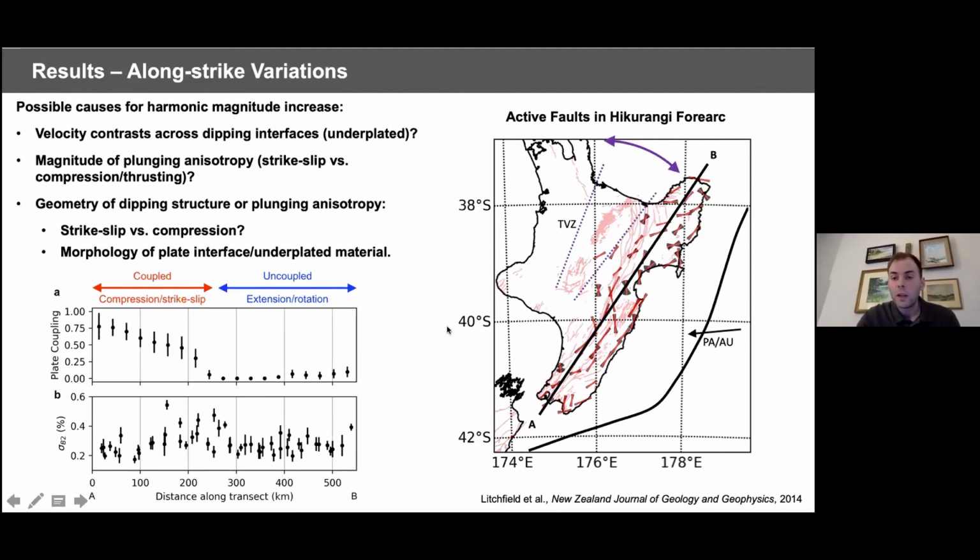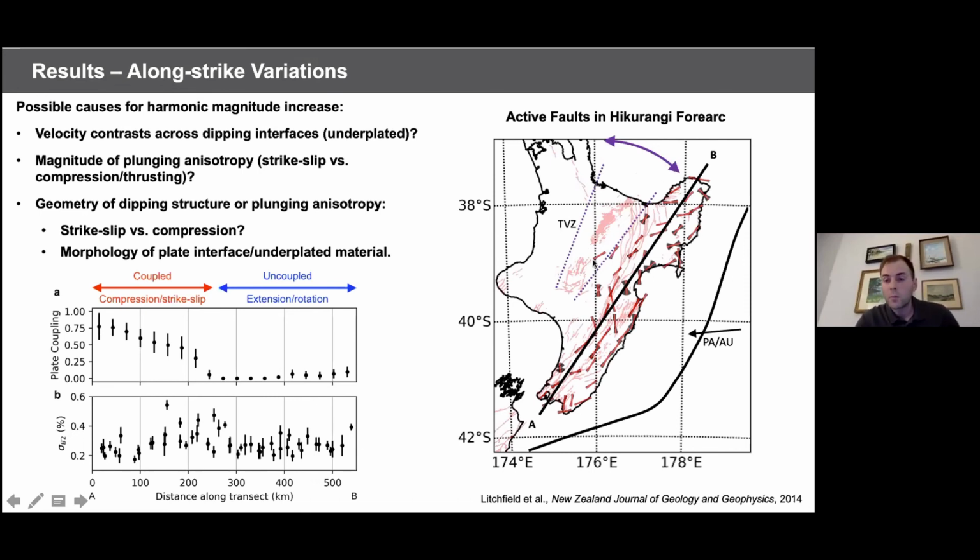So looking at all these active faults within the back arc of Hikurangi, this is actually the Taupo volcanic zone, TVZ. And this is actually an active spreading center. And based on GPS data, it's causing this entire region to be under extension and rotation.